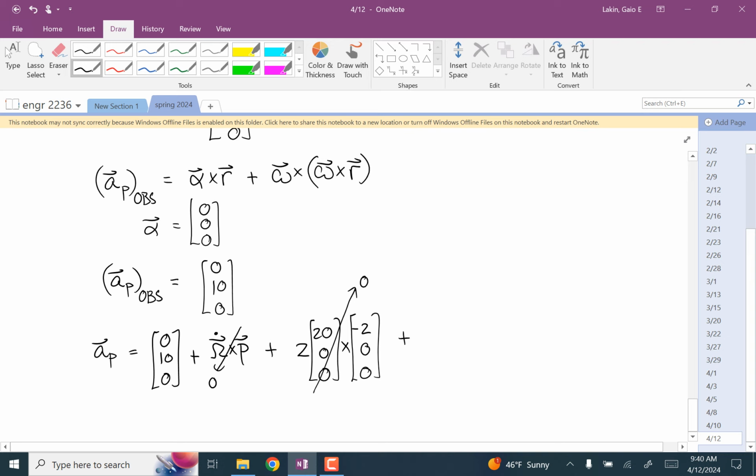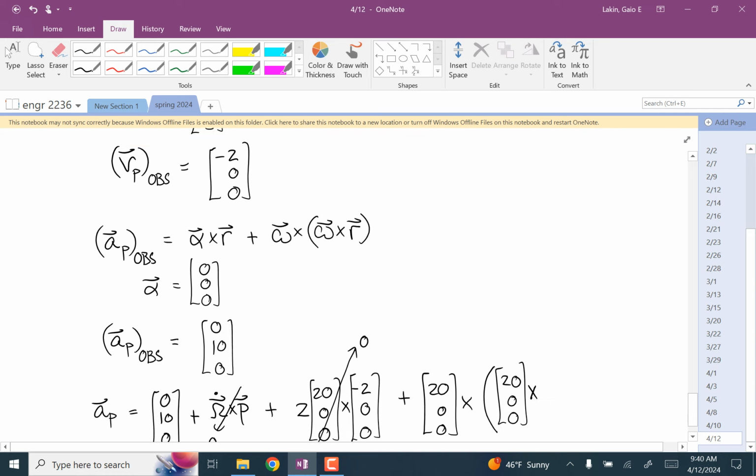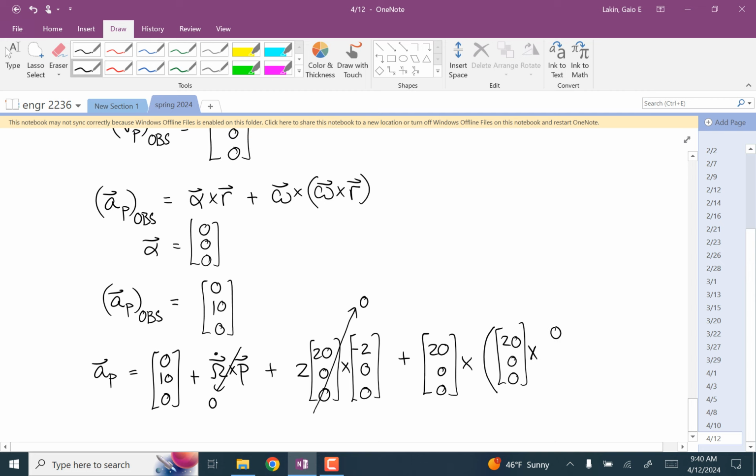And then plus omega cross quantity omega cross P, and our position vector is 0, negative 0.40.